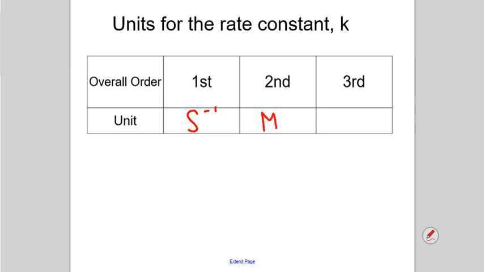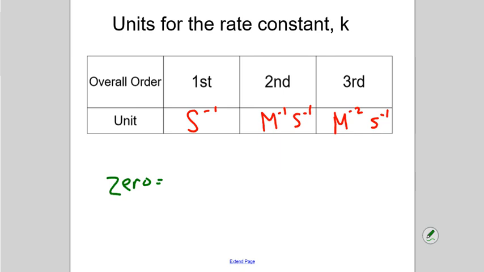Second order, it's going to be molarity to the negative first, seconds to the negative first. And if it's third order, like the last problem, it's molarity to the negative second, seconds to the negative first. The one thing this doesn't cover is zero order, which you'll start to see more frequently.